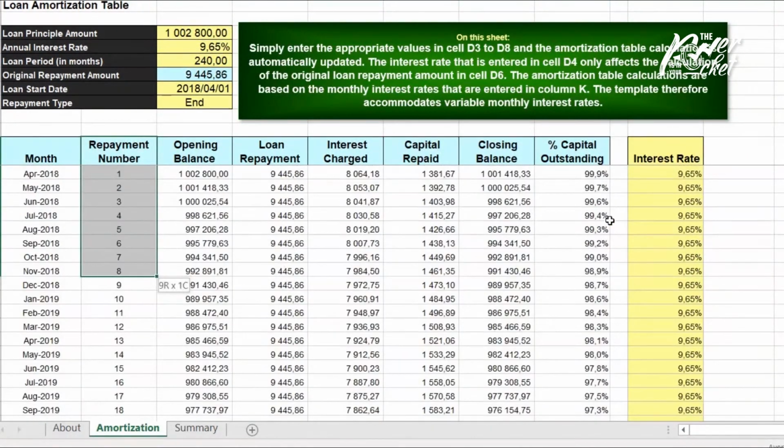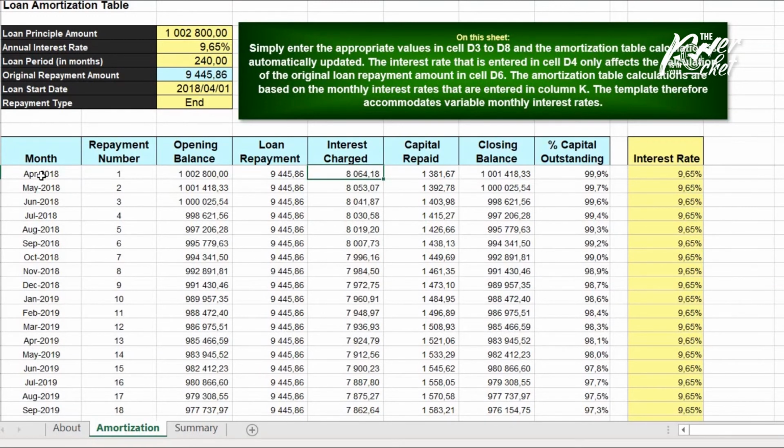Okay. Now what I want to do is show you this interest was charged for the month of April. But what I'm going to show you is how it got to that figure, which is compound interest, right?